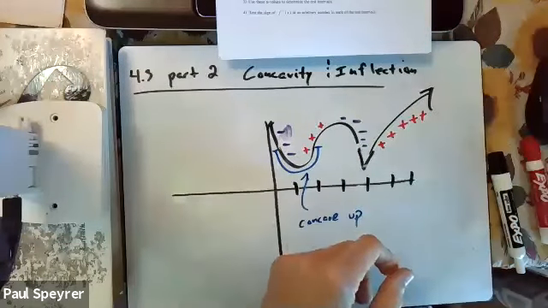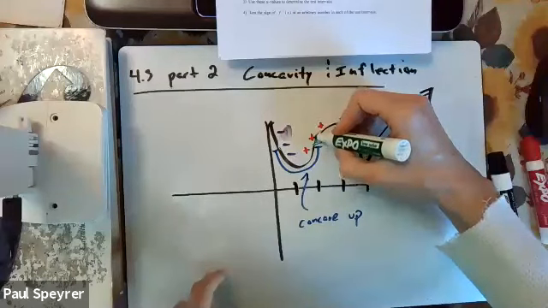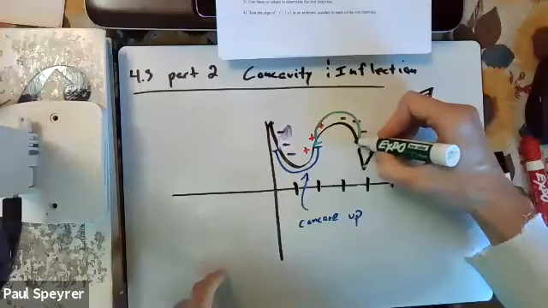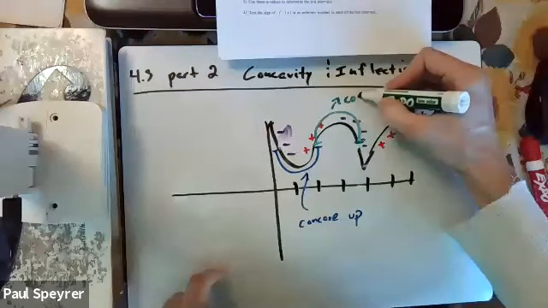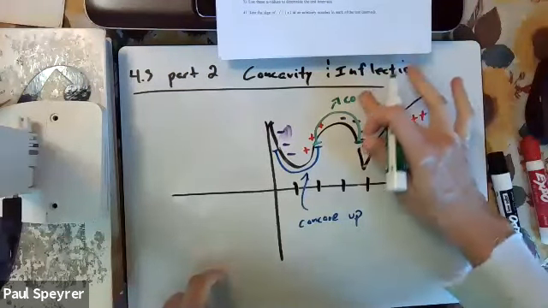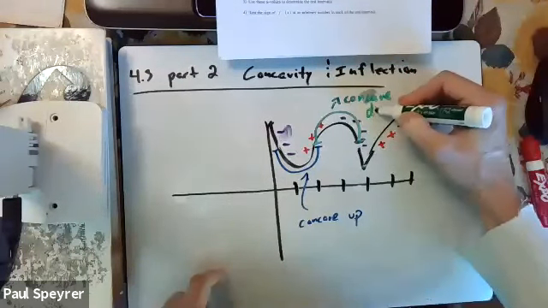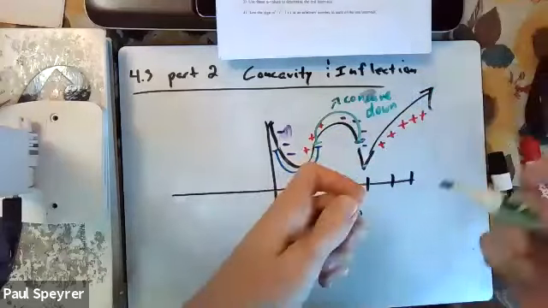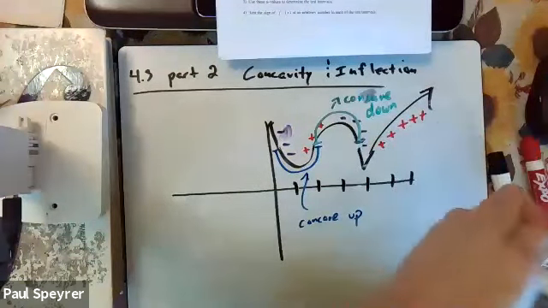And then if we look at this piece right here, the green, that's concave down. And that's because it's basically an upside down water bowl.